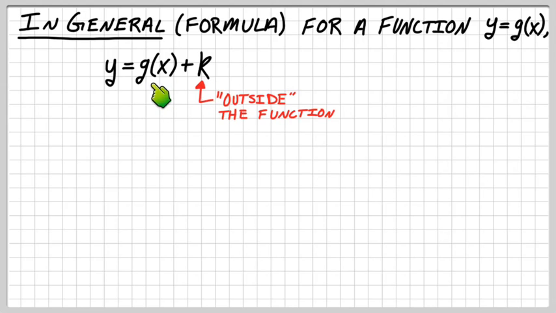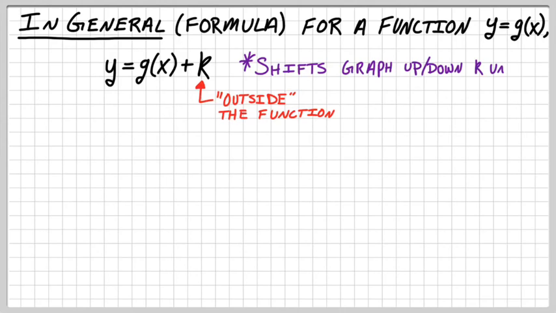The k's out there. It's not inside the function. Well, in general, that's just going to shift the graph up or down k units. So if you have a number outside, it's just going to shift it up or down, whatever this value is.